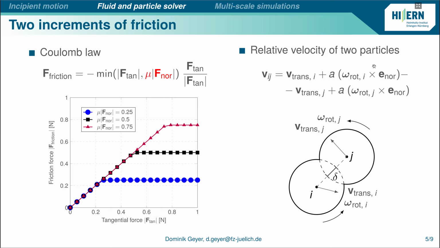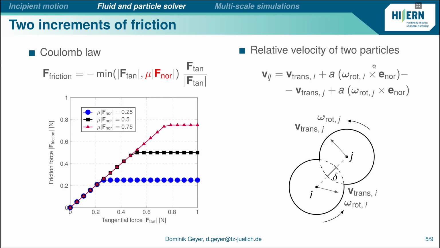So this is one part, the normal force, which is important. And the second part is the relative velocity. When you have two particles rotating or moving against each other, you can calculate the relative velocity, of course, from the tangential velocities and also from the rotation velocities. So these are the two major physical ingredients for a model.